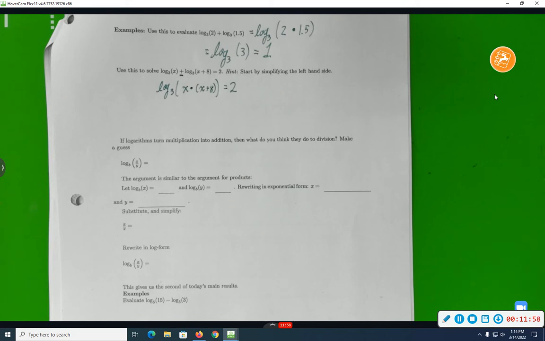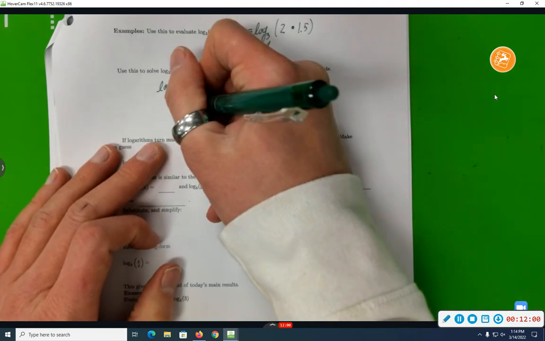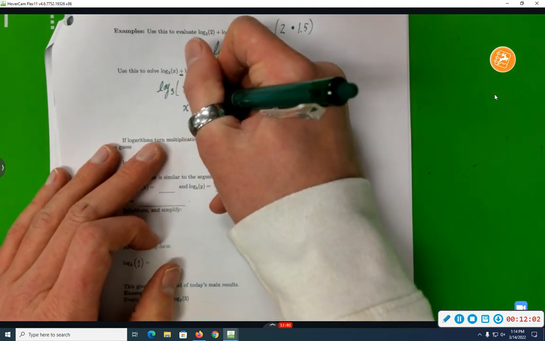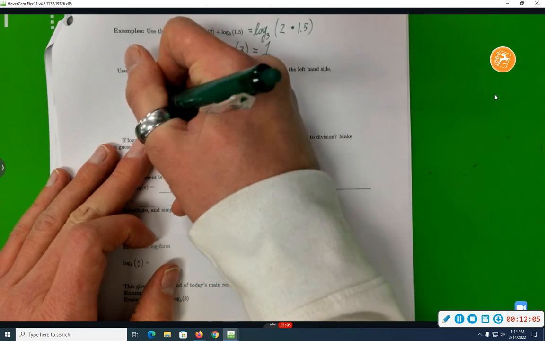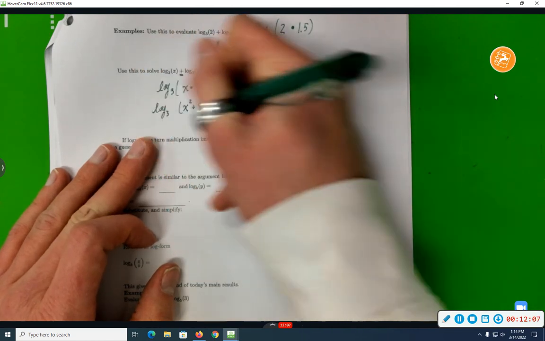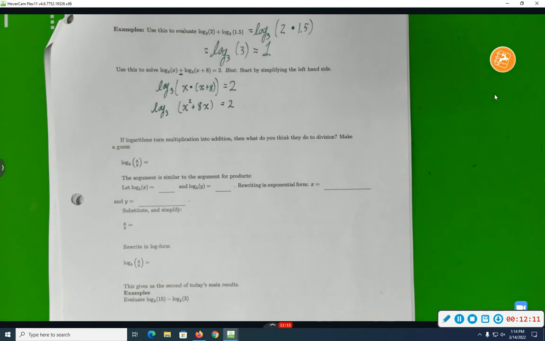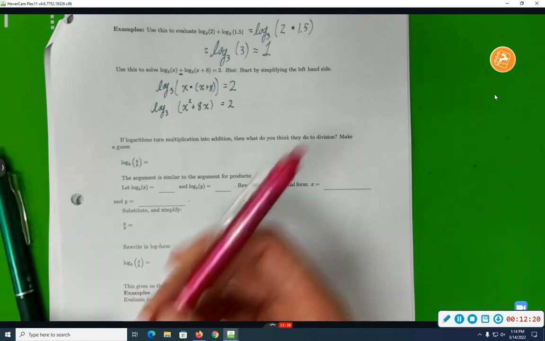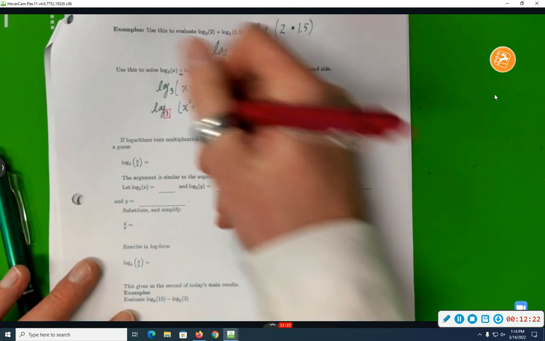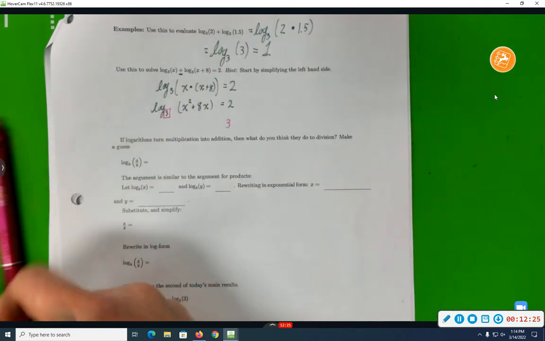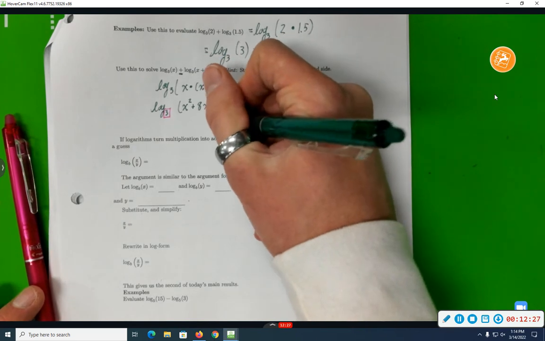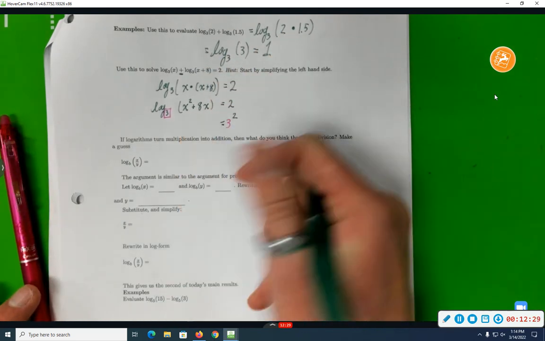Yeah, we may as well. And it's still inside of a log. All right. What would you want to do next? Let's put it in exponential form. So, color coding a little bit, I see the base is 3, so I will write 3 to the power 2 equals the stuff that was in the parentheses.